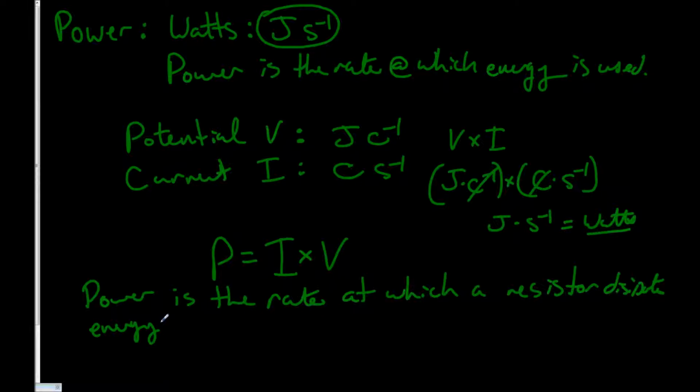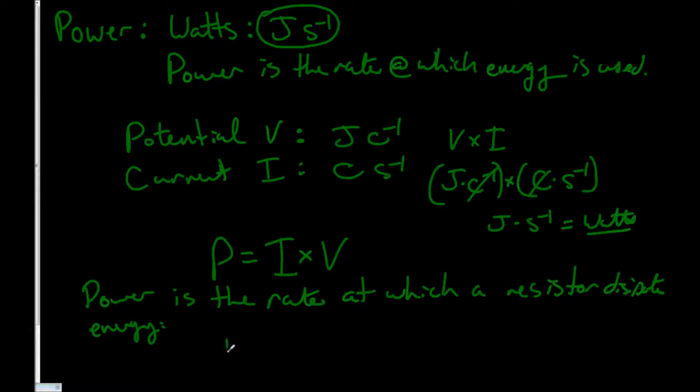I think the easiest type of resistor to think about is something like the filament in a light bulb or the heating element in a stove. Those are just resistors that, as electricity passes through them, turn the energy directly into heat.